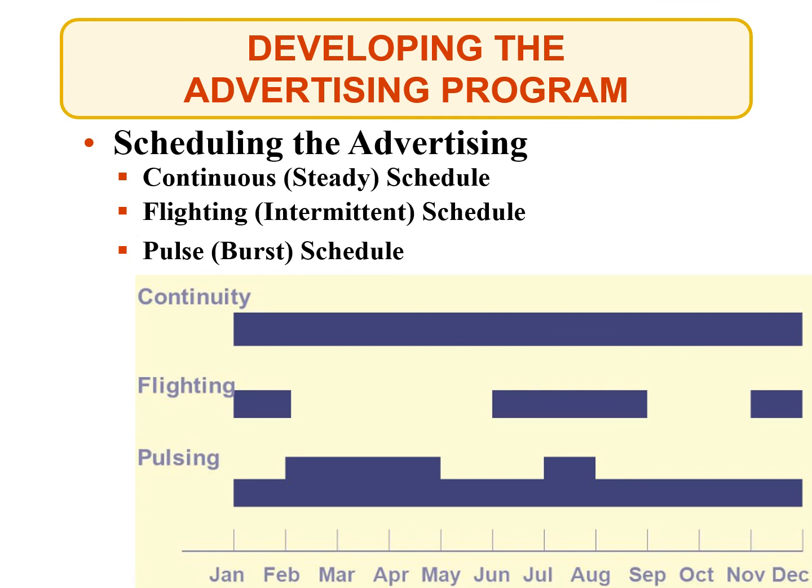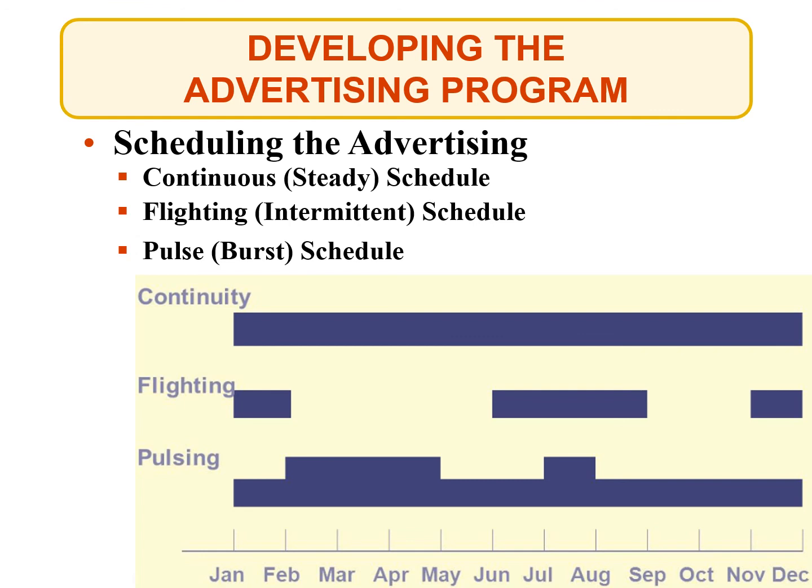So that's a flighting schedule where you just put in the advertisements based on maybe if it's a seasonal product, you think that this is where the consumers are going to need the product or going to buy the product, and that's why you choose that schedule. Or maybe it's a festive season and you want to sell your product only during that festive season, then too you can use flighting schedule.